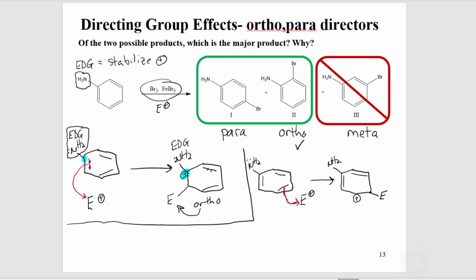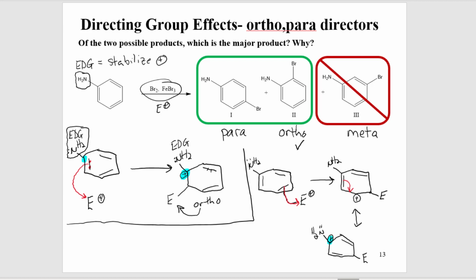Now, by resonance, I'm going to show you that again, the carbocation is going to fall at that best position at the foot of the donating group. That carbocation fell right at the foot through resonance of the donating group.